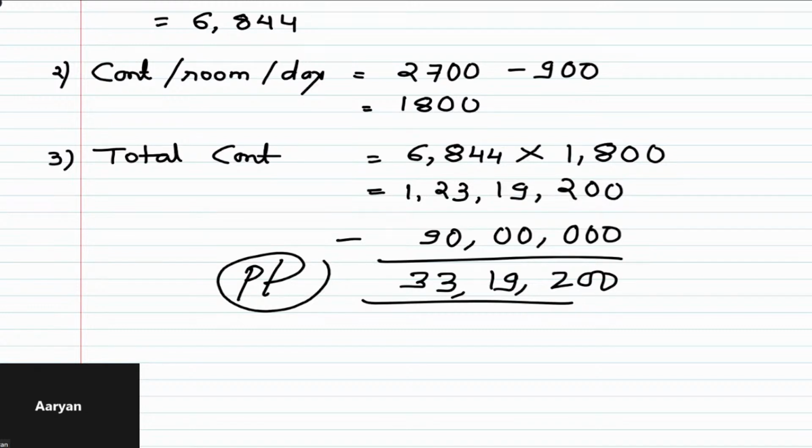No, beta, Kanimozhi, that's not the correct one. Second option is correct, but the first option is not correct, beta. Please reconsider your answer. Other students, beta, please reply fast.